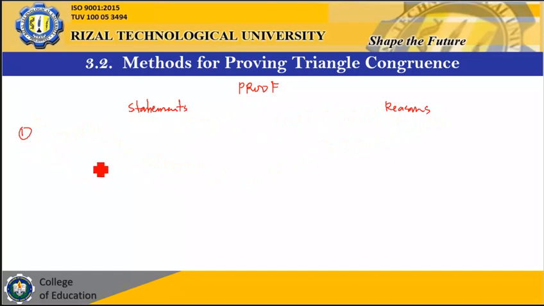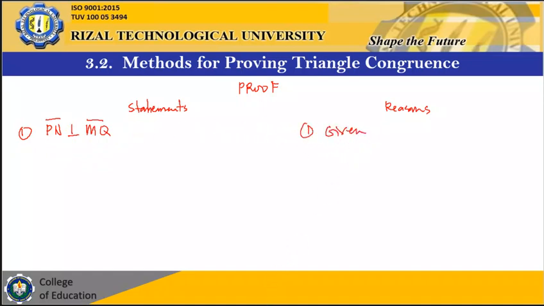Number one, let's have our first given. It is said that segment PN is perpendicular to segment NQ, and this one is given.